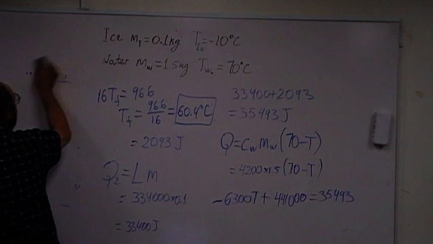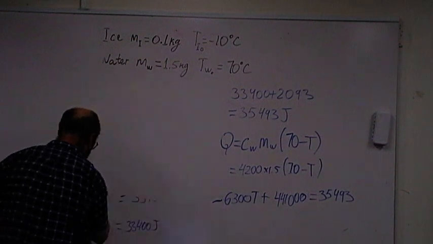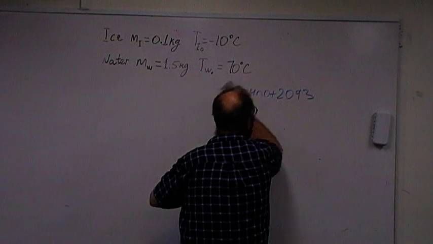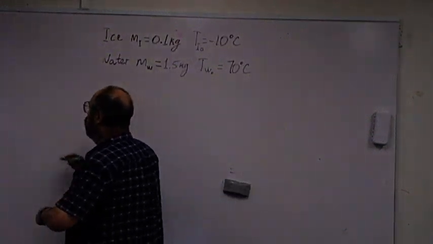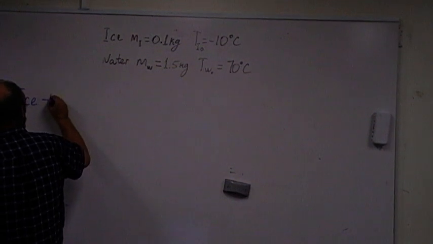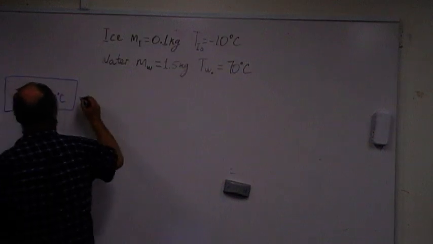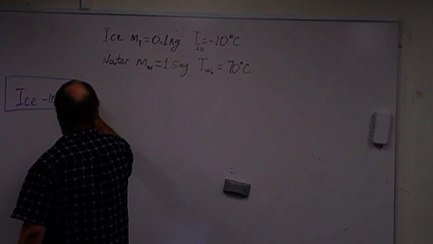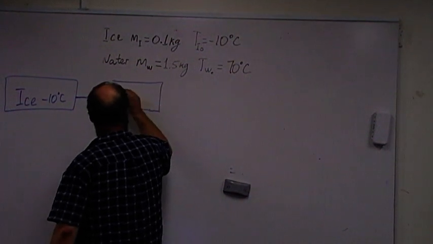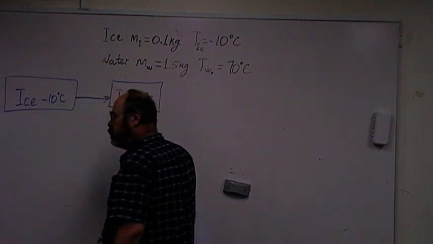So we have ice at -10 degrees Celsius. This ice is heated up to ice at 0 degrees Celsius.